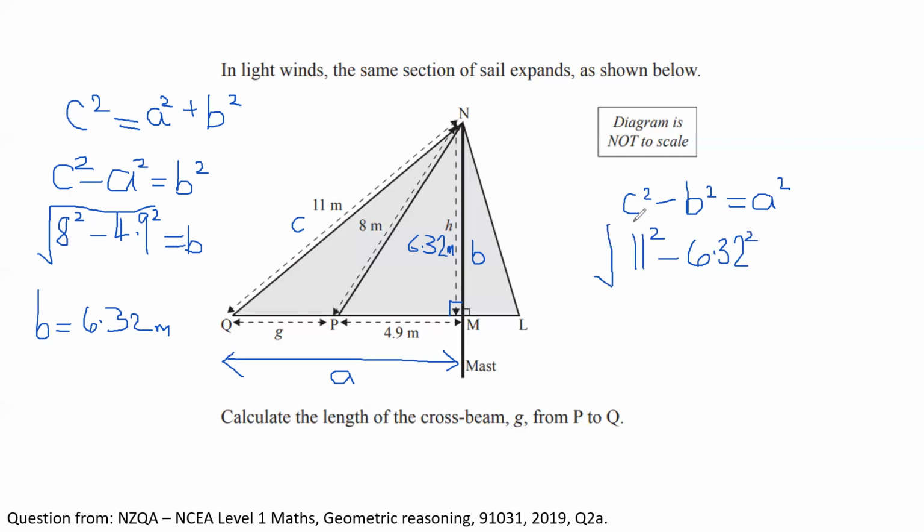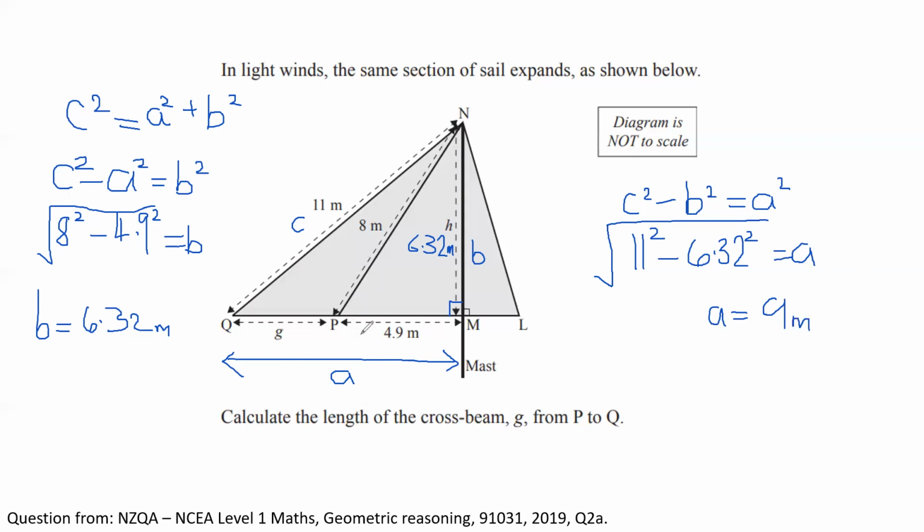And then if we square root the whole thing, that will give us a value for A. So A will be this total side length. If you pop this into a calculator, you will get a value of A equals 9. So A equals 9 meters.